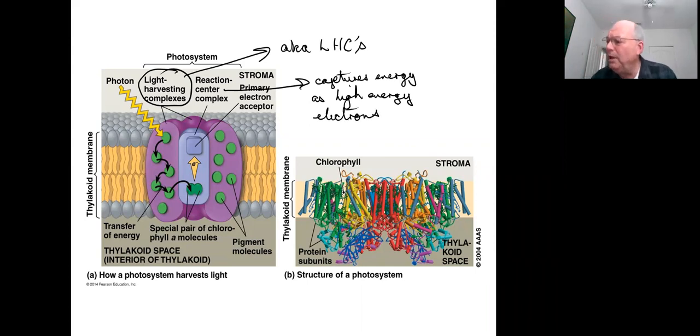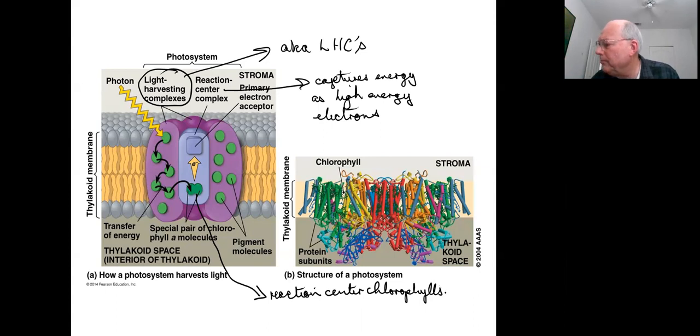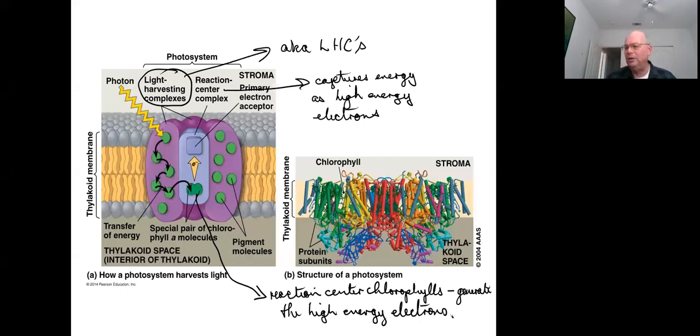And then at the base of the reaction center are a pair of chlorophyll A molecules called the reaction center chlorophylls. So these are the chlorophyll molecules that generate the high energy electrons.